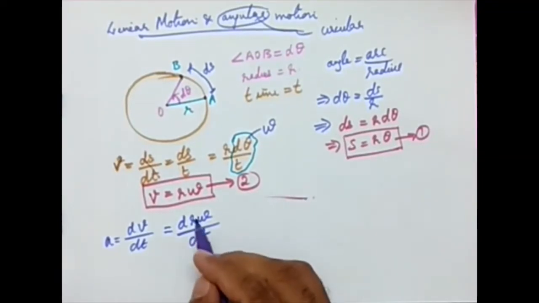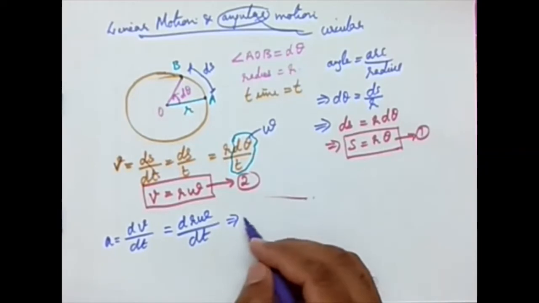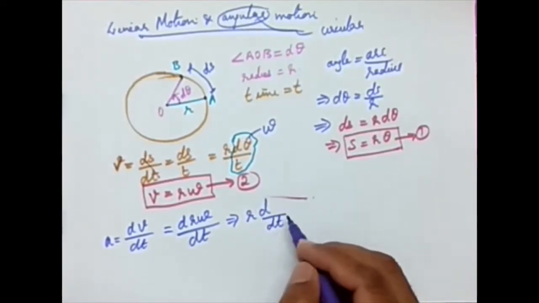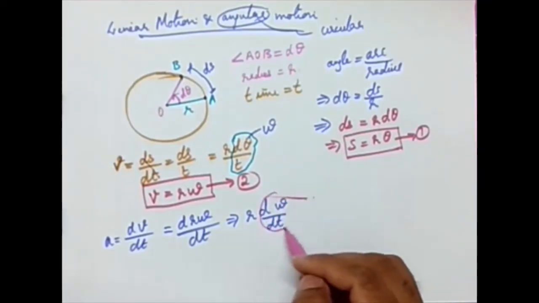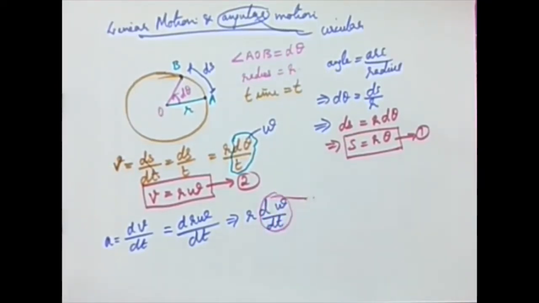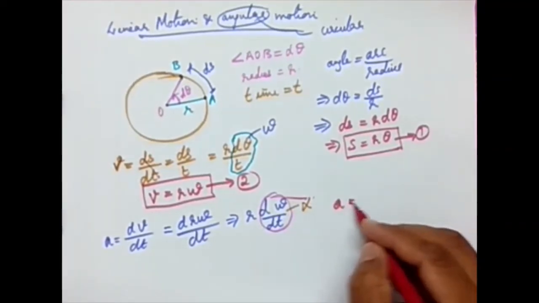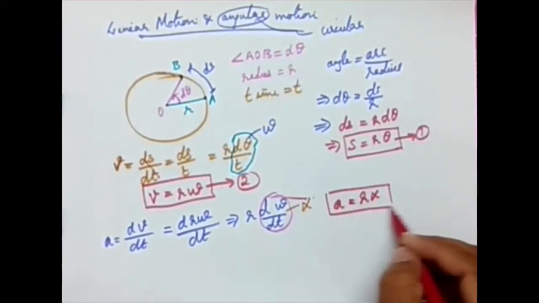Here r is the radius, which is a constant, so I can take it out. So this will give me r times d by dt of omega. And what is the rate of change of angular velocity called? It is my angular acceleration alpha. That is, I'm getting the third equation: a is equal to r times alpha.